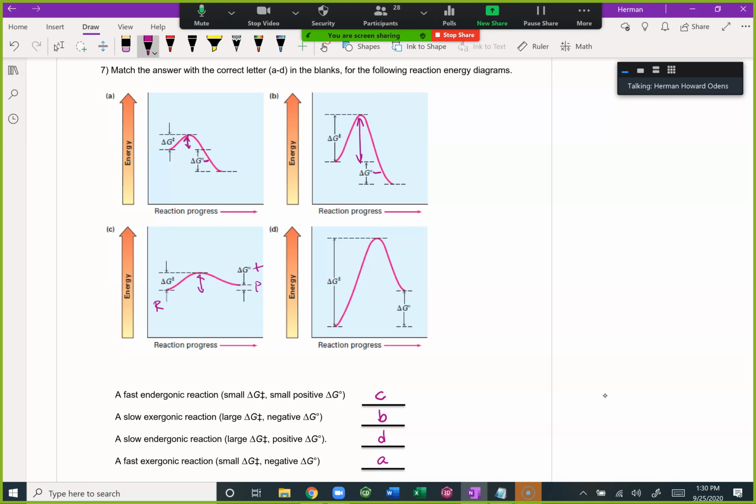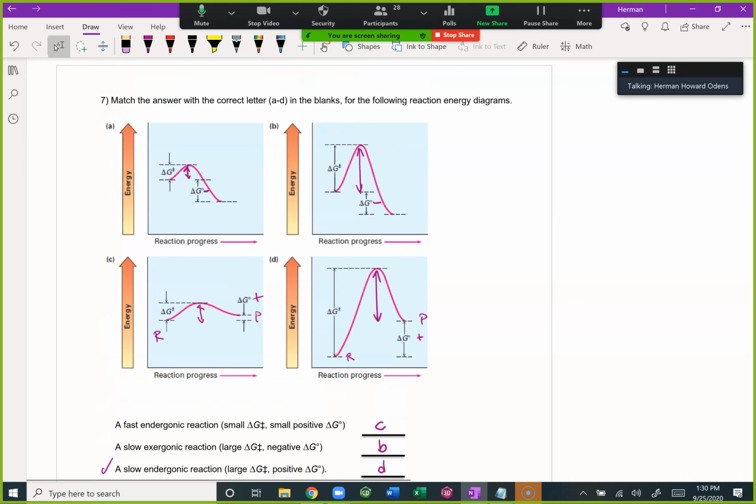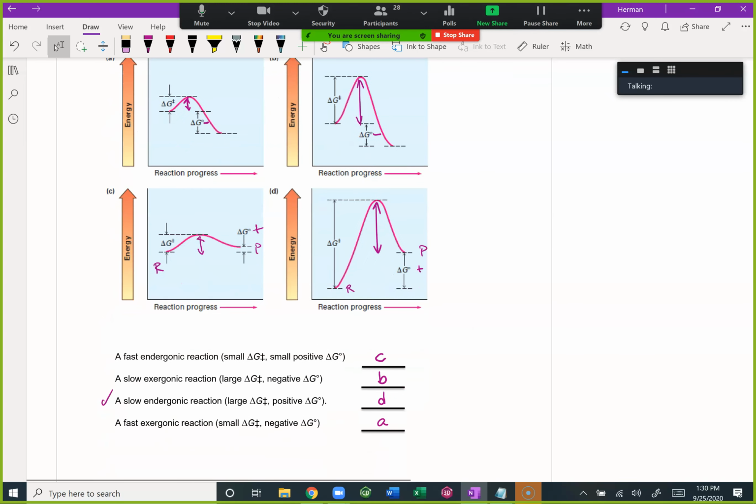On the previous one, on D, D also has a high activation energy, because a large delta G double dagger makes it slow, but then this is positive, because the products are higher than the reactants. All right. So any questions up to this point?